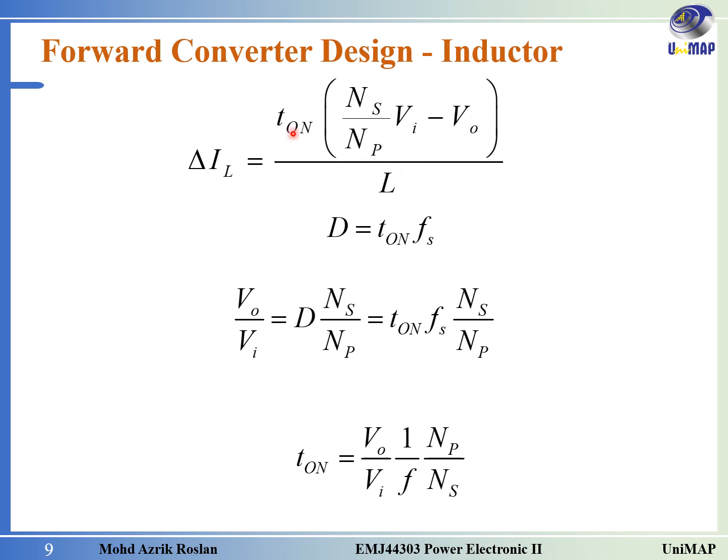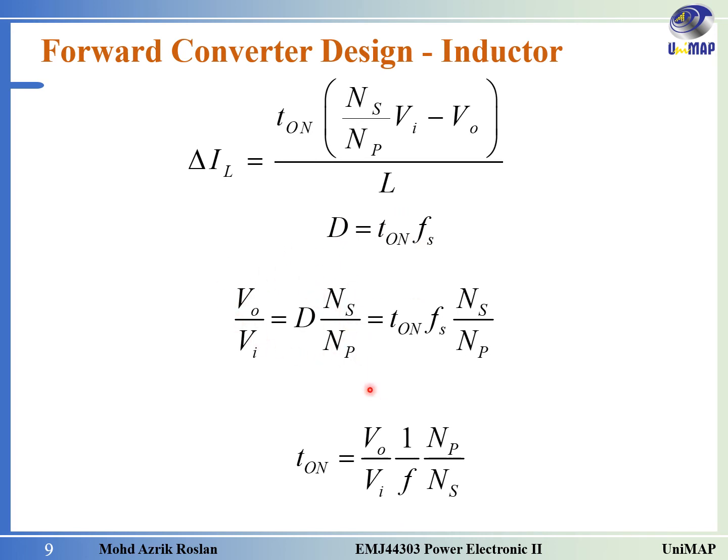Now we have the equation for delta IL. Delta IL is equal to T on, the time during which the converter switch is on, multiplied by Ns over Np multiplied by Vi minus Vout divided by L. We know that the duty cycle D is equal to the on time multiplied by the switching frequency, and then we substitute this into the output voltage equation.